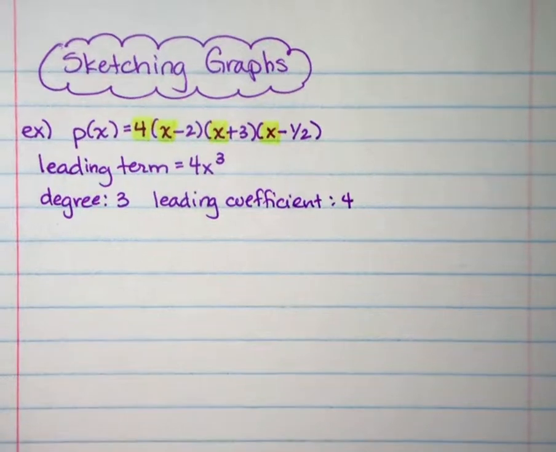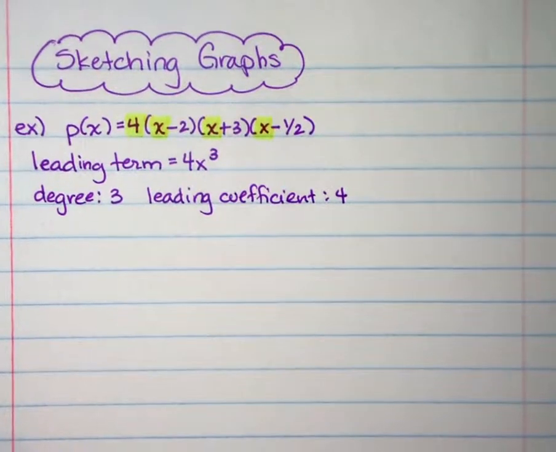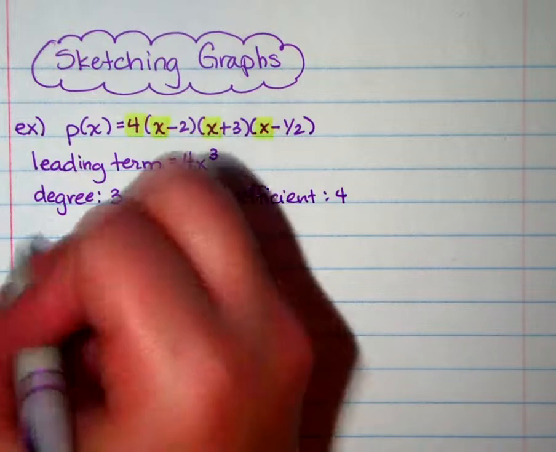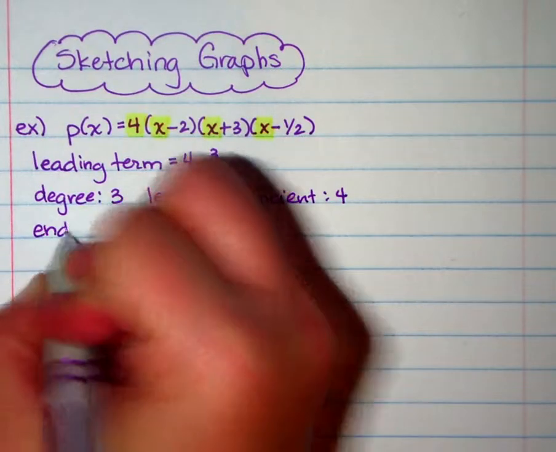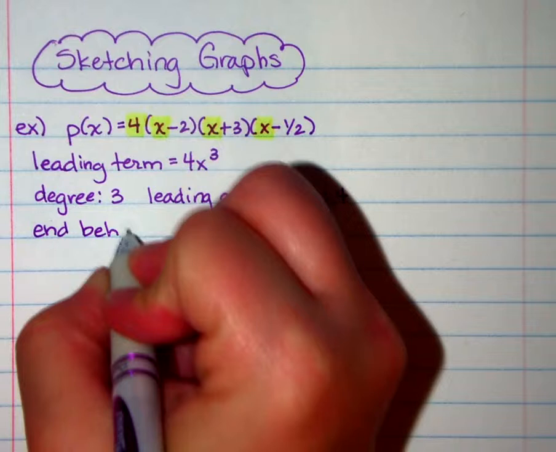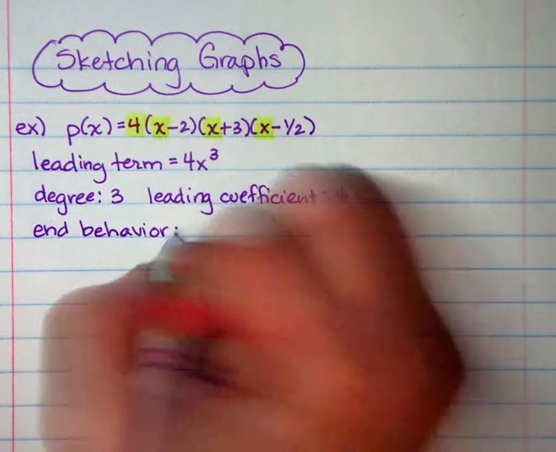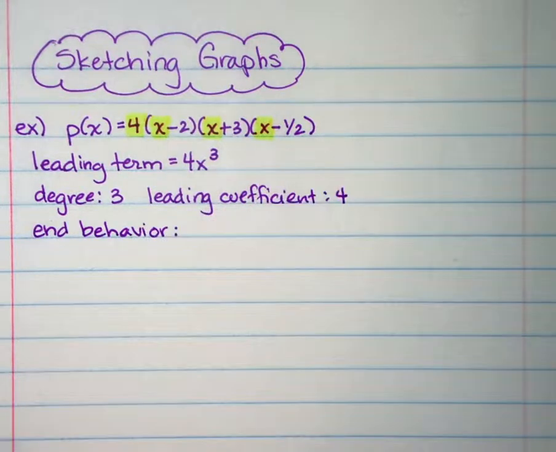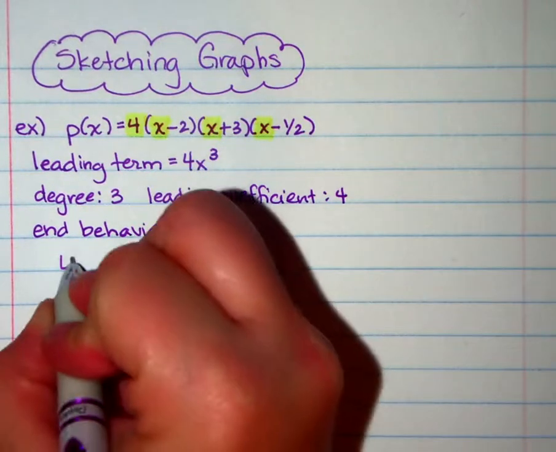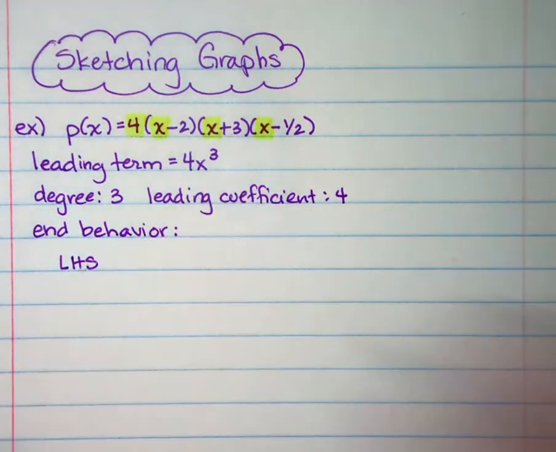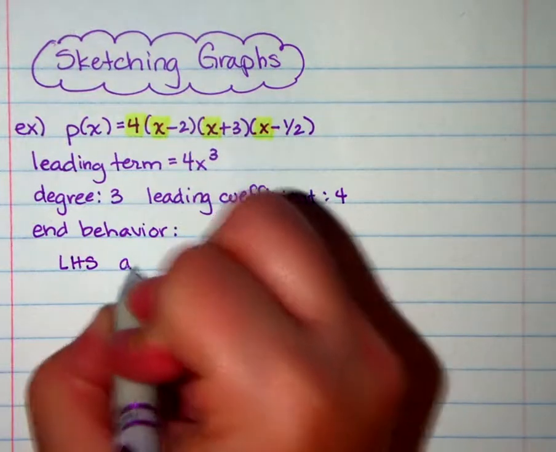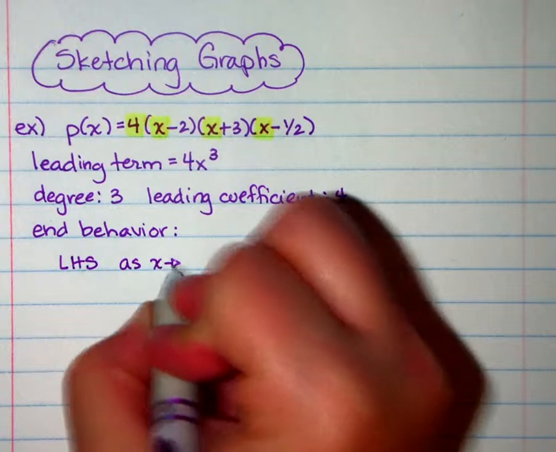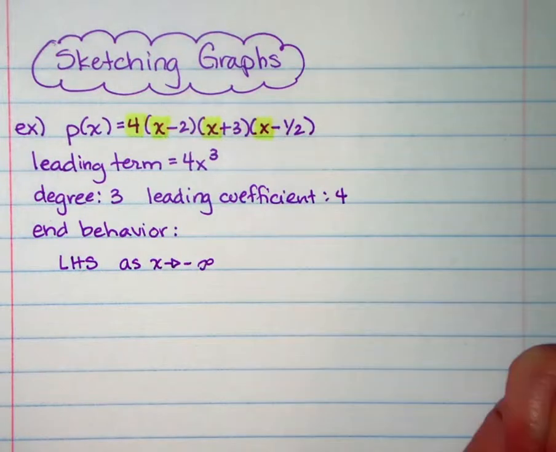Now, with those pieces of information, I can determine the end behavior of my graph. So remember, when we're talking about our end behavior, we're talking about what happens on the left and the right-hand side of the graph. So when we're discussing the left-hand side, which I'll abbreviate LHS, we're talking about as x approaches negative infinity.